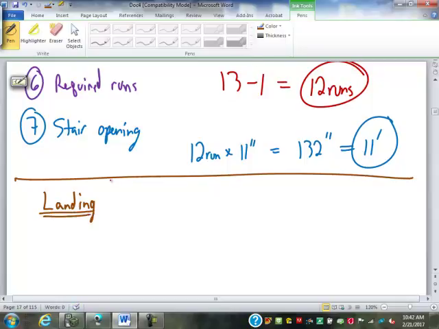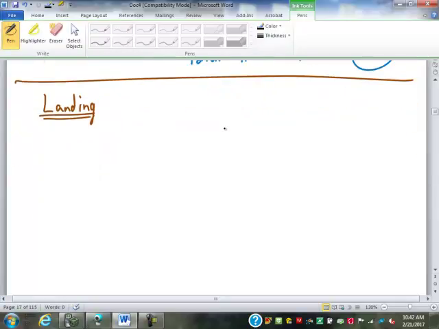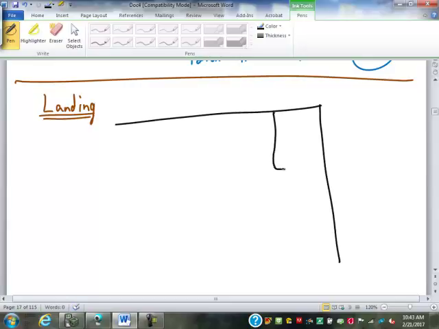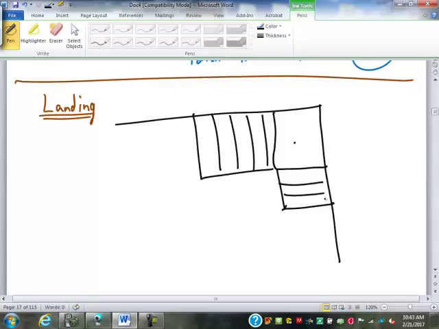Thank you. What if we put in a landing? There are a few different cases we can run into here. So a landing, obviously, we're going to go down some steps, hit a landing and turn and go down some more steps.